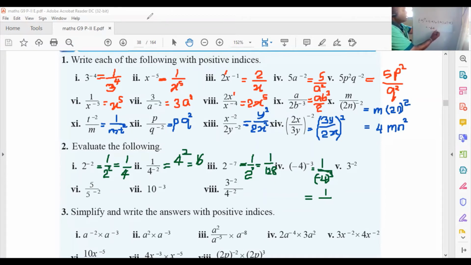Therefore, the answer is negative 64. That is the value of negative 4 to the power 3. So you can substitute that value here as negative 64. That means 1 upon negative 64, which is negative 1 upon 64.